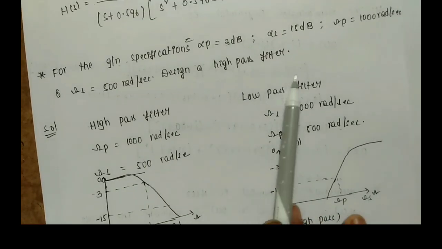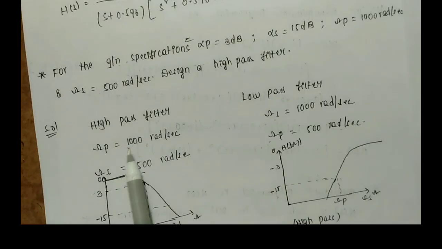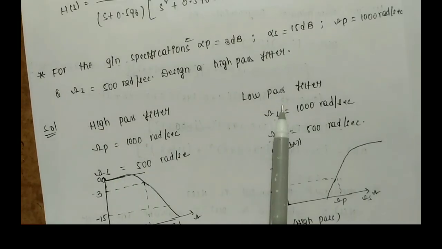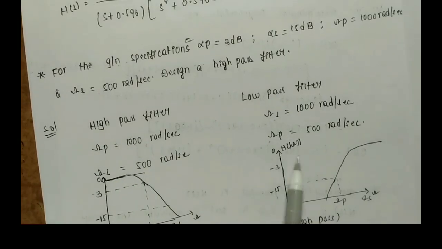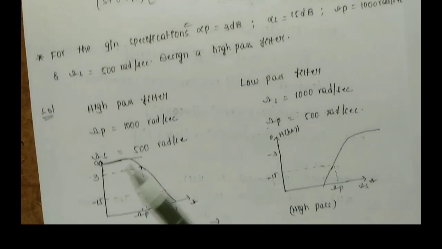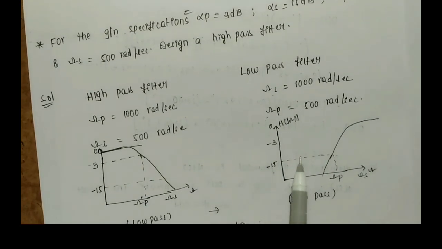Whatever the pass band in the high pass filter will be the stop band in the low pass filter, right? To show the difference only, I have plotted the two magnitudes here. This is high pass and this is low pass.